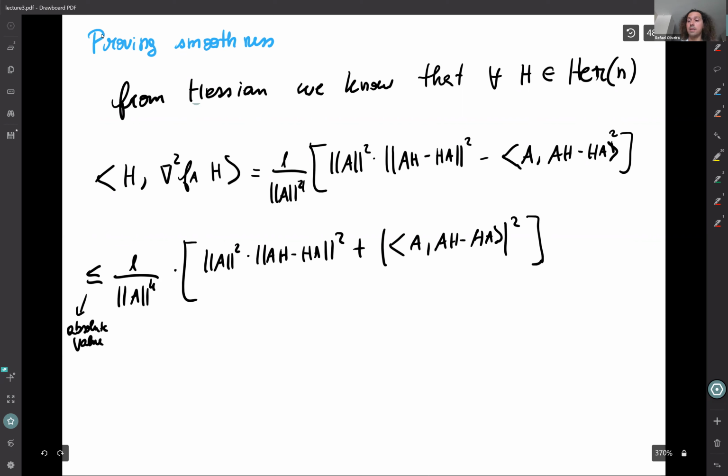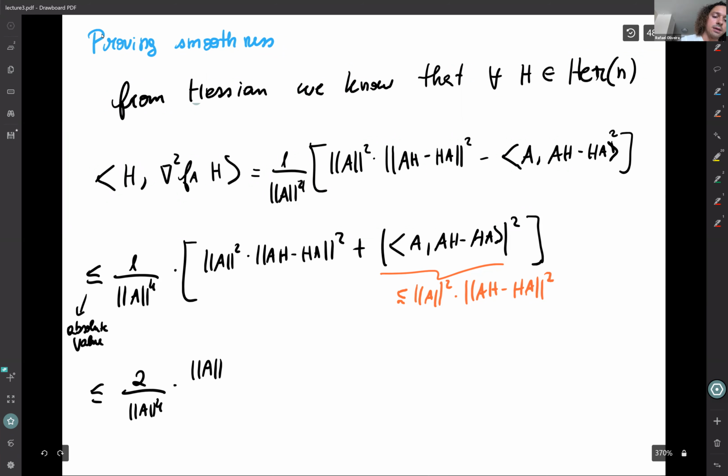But this inner product, as we saw from Cauchy-Schwarz, is less than or equal to the norm of A squared times the norm of AH minus HA squared, which means that this ends up being less than or equal to 2 times the norm of A squared times the norm of AH minus HA squared.